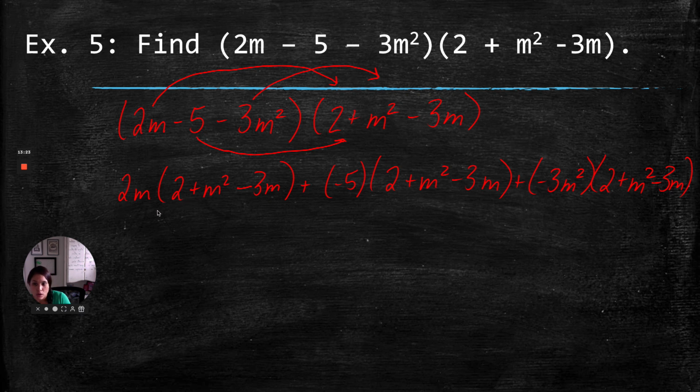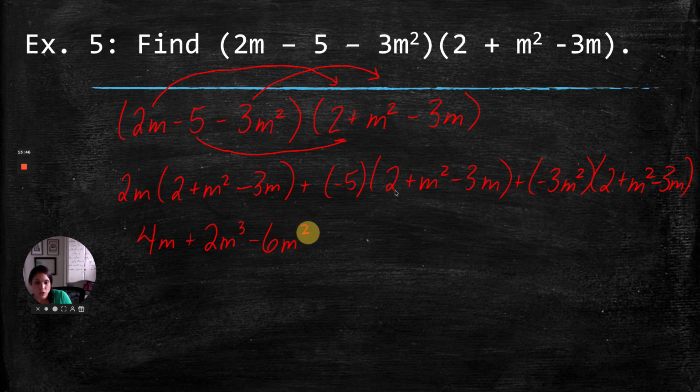Positive 2 times positive 2 is positive 4m. That 2m times m squared, so we have 2m cubed. 2 times negative 3 is a negative 6. M times m is m squared.